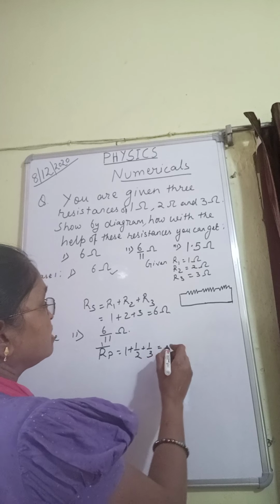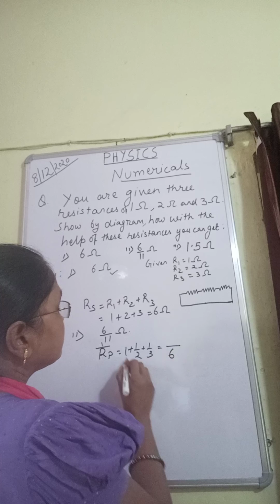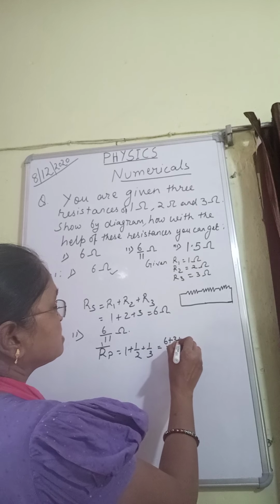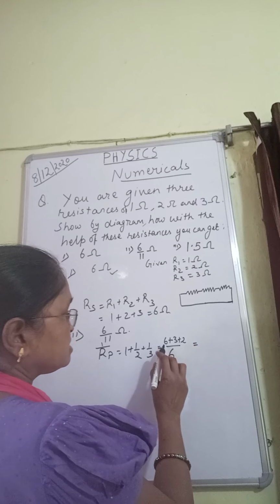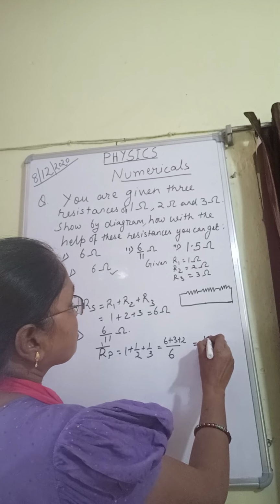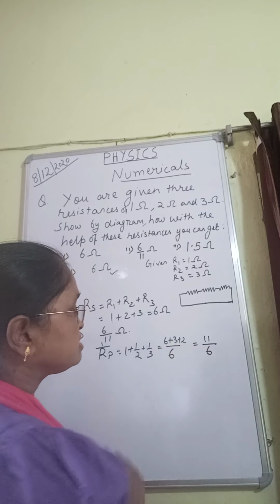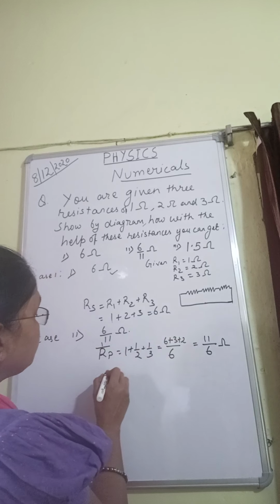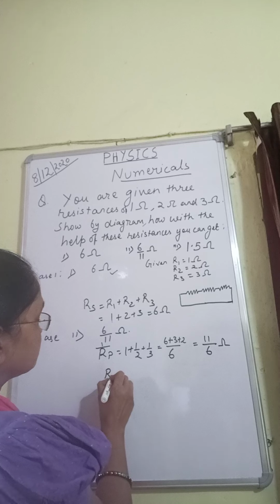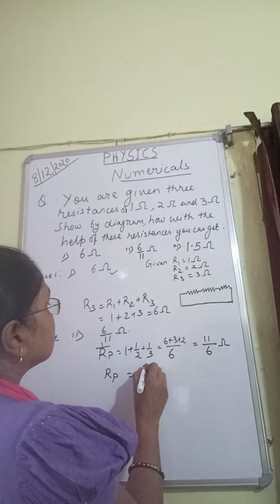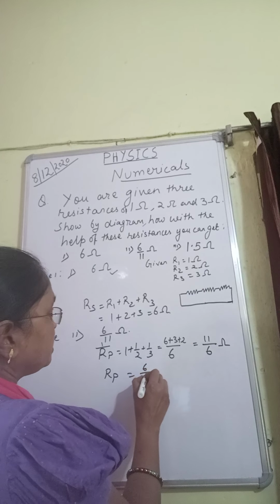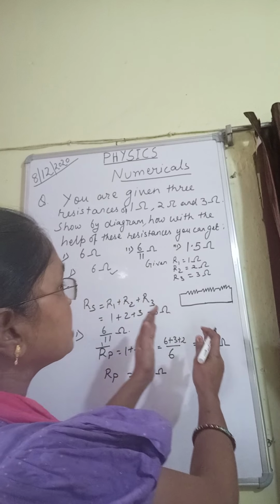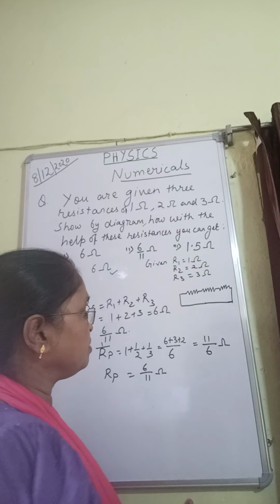We will get 6 plus 3 plus 2, that is 11 by 6 ohm. So for R parallel, just reverse it: 6 by 11 ohm. So here all the three resistances are connected in parallel.